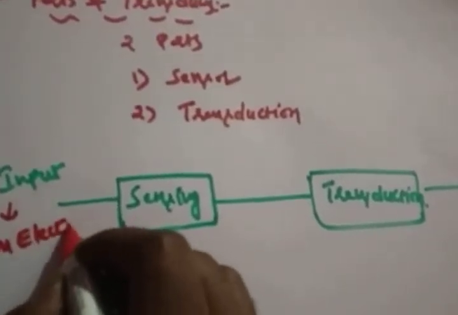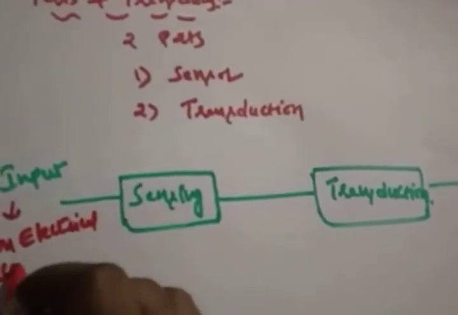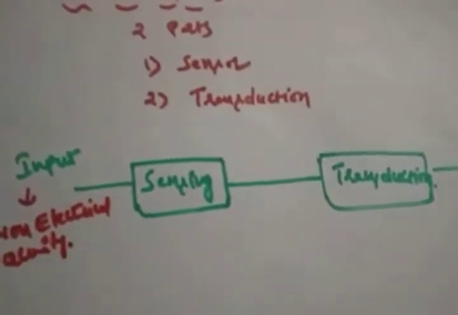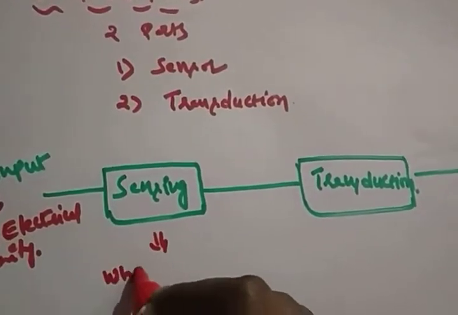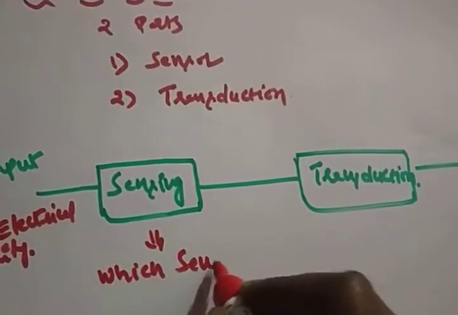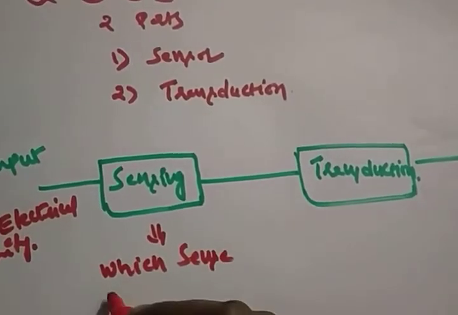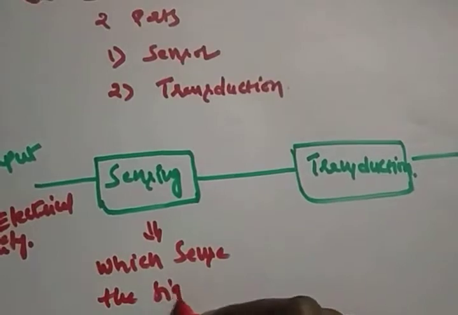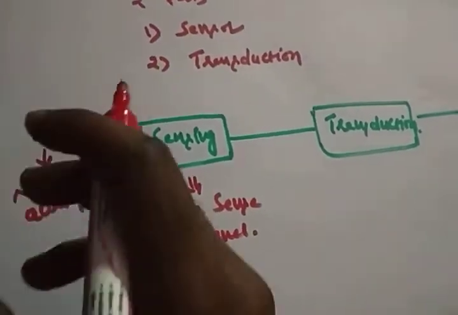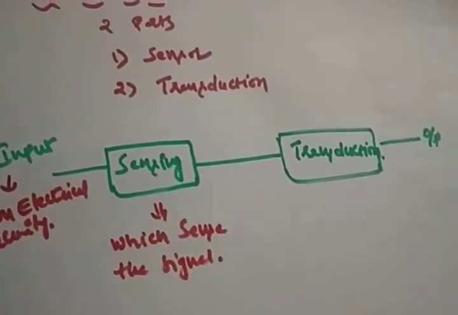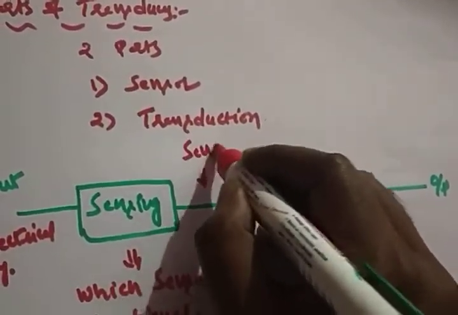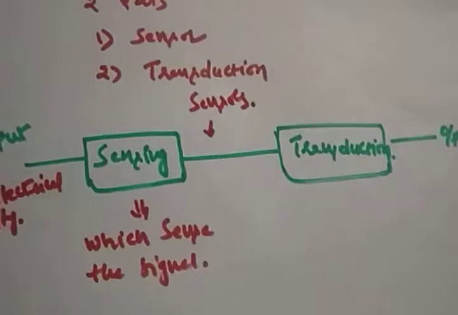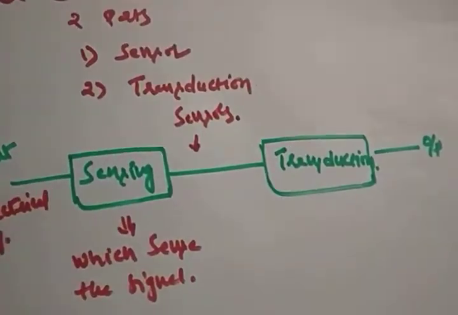The sensing element senses what type of input it is, whether the signal is a non-electrical quantity or not. With the help of sensors, right? After that, the signal will enter into the transduction element.